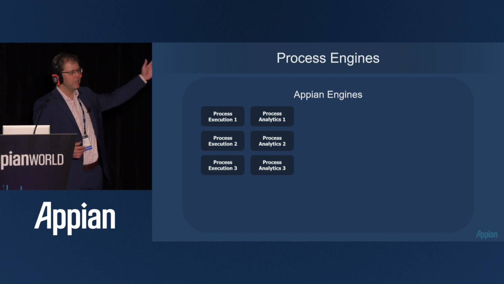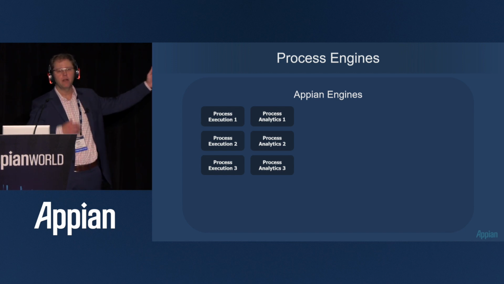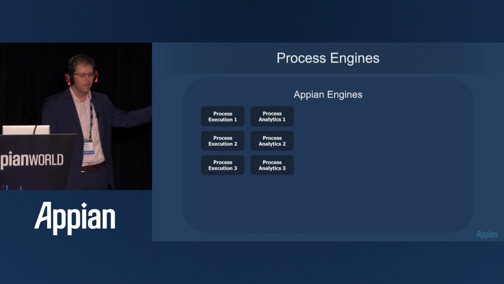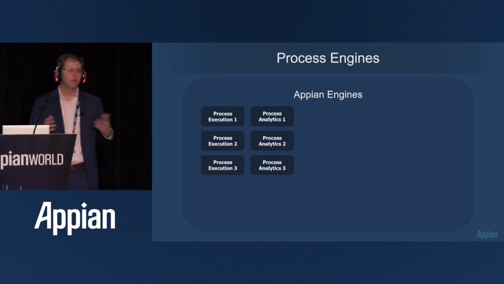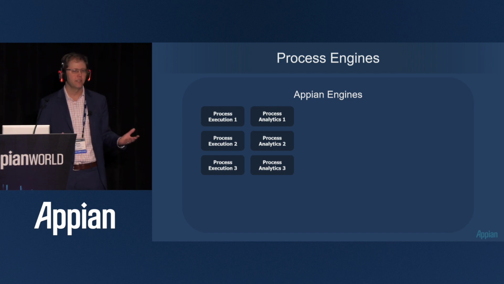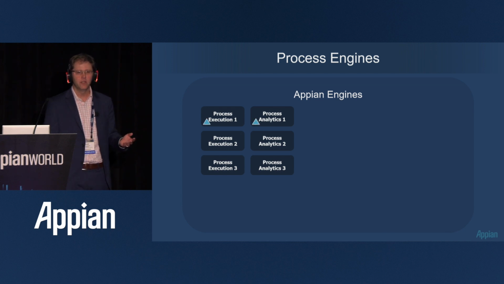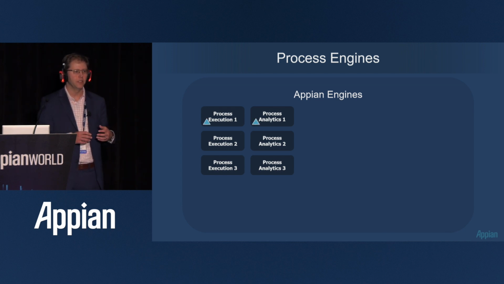So again, I need to set a little context for those of you who may not be familiar with how things work on the back end. But essentially, by default, the default installation of Appian has 3 process execution engines and 3 corresponding process analytics engines. And when you start a process, it starts on one of those process execution engines.